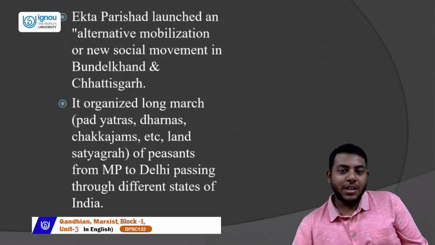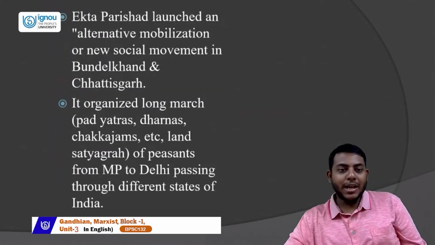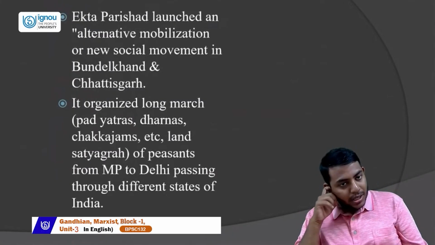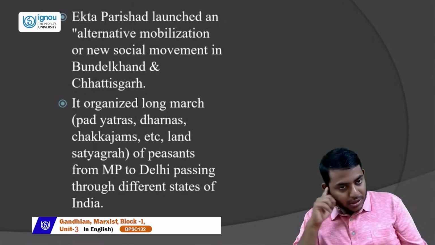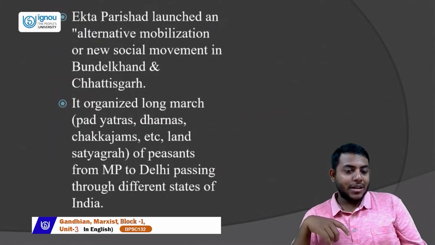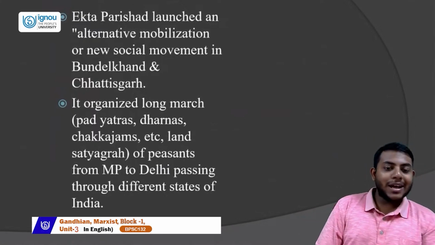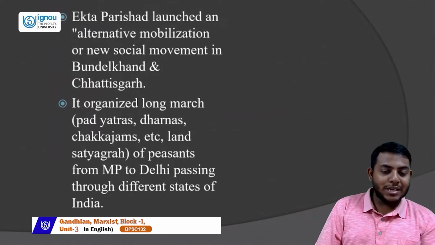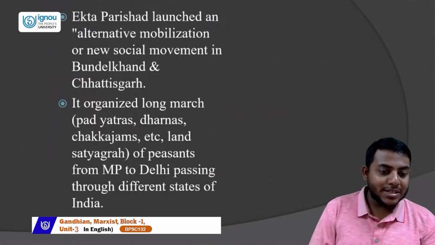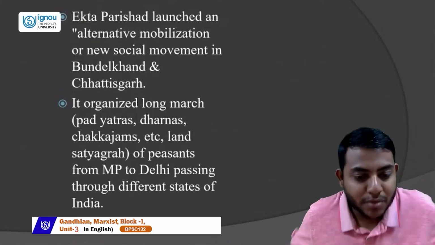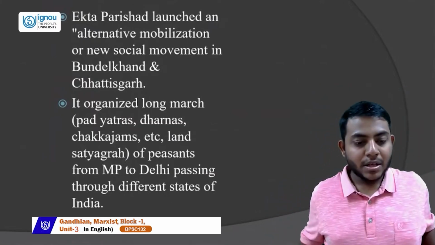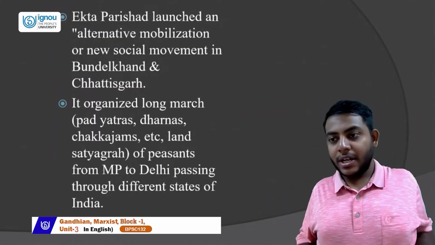Ekta Parishad launched an alternative mobilization or new social movement in the Bundelkhand region of Uttar Pradesh and in Chhattisgarh. It organized long marches, pad yatras, dharnas, chakka jams, etc., as well as a land satyagraha of peasants from Madhya Pradesh to Delhi, passing through different states of India.